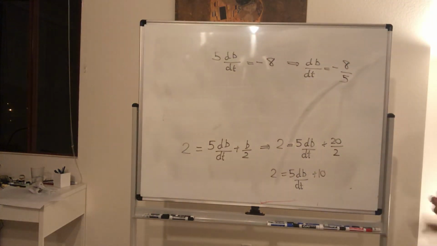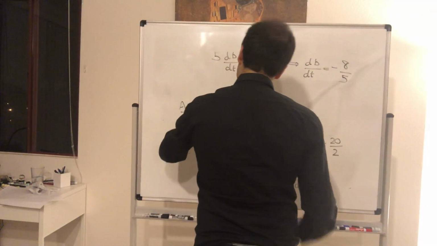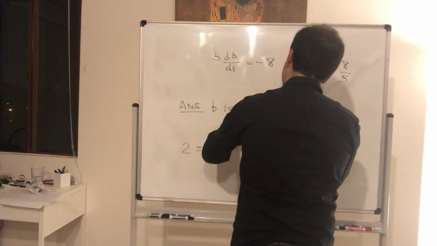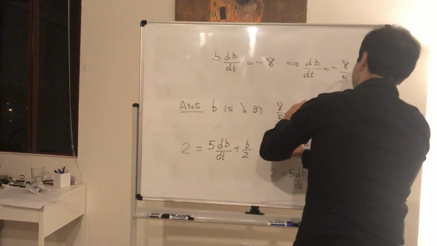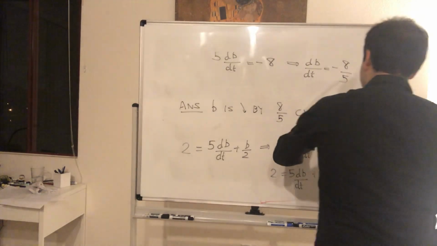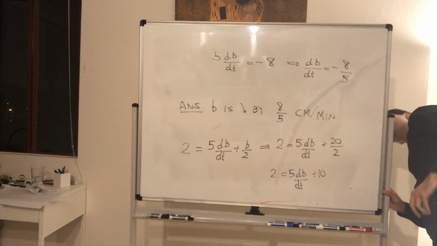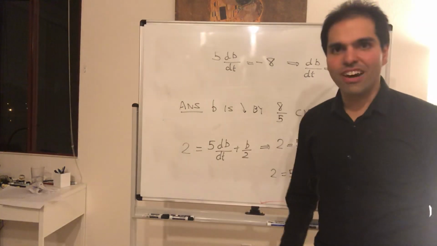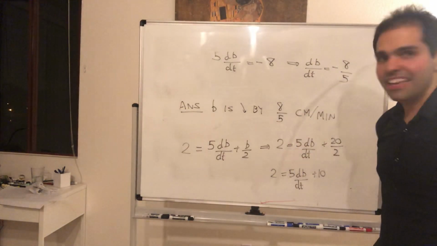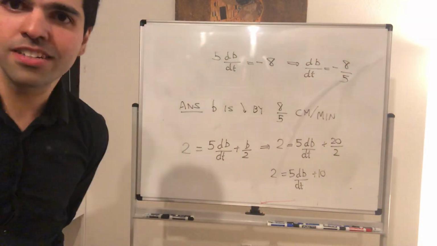So what is our answer? b is decreasing by 8/5 centimeters per minute. Yes, and therefore we finally found the answer to our question. And again, this is super typical in related rates questions.